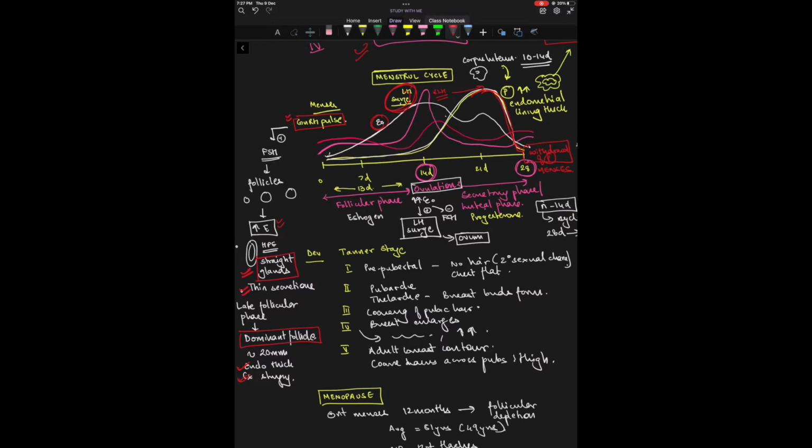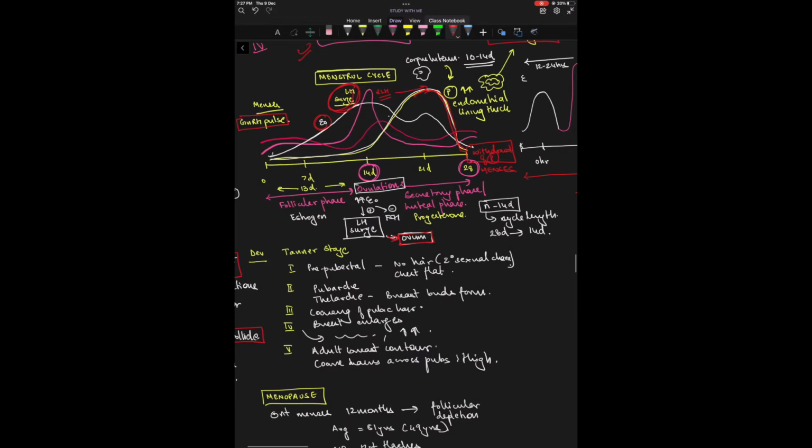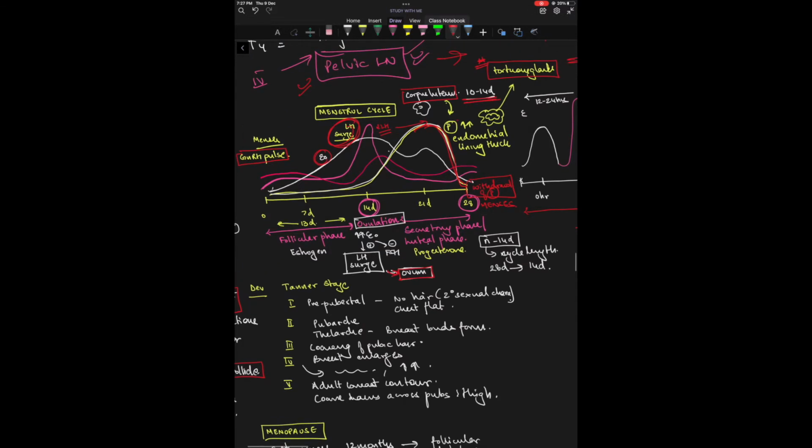Right. This leads to the release of the ovum. The unruptured follicles form the corpus luteum, which can survive for around 14 days. It leads to the production of progesterone that causes the endometrial epithelium to have tortuous glands instead of straight glands.